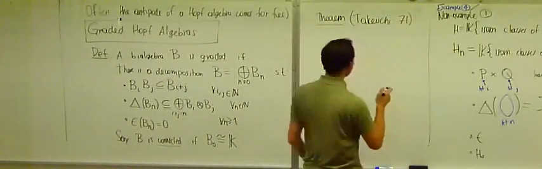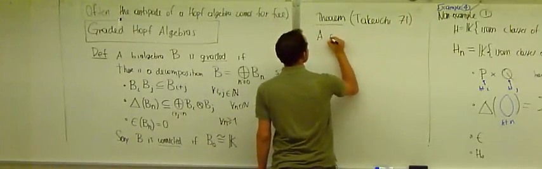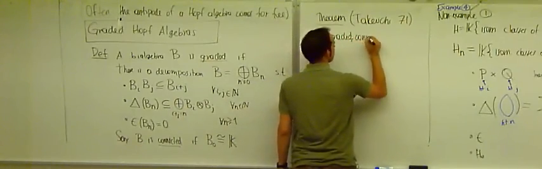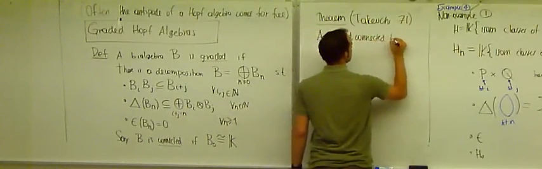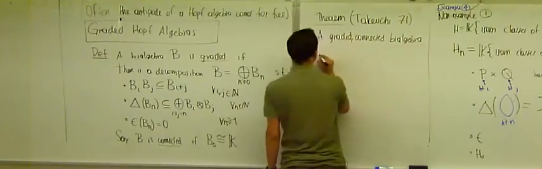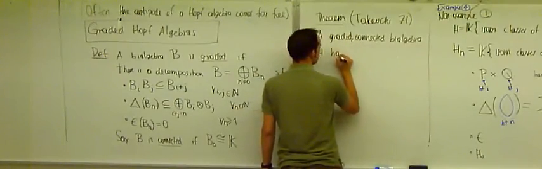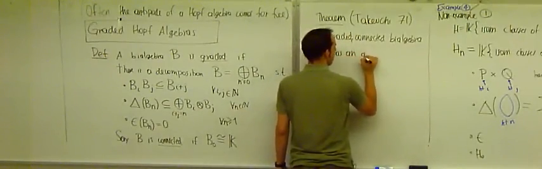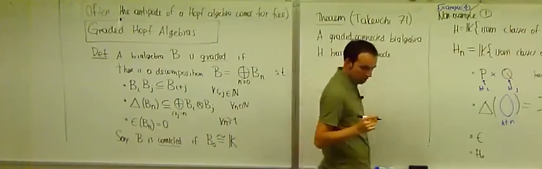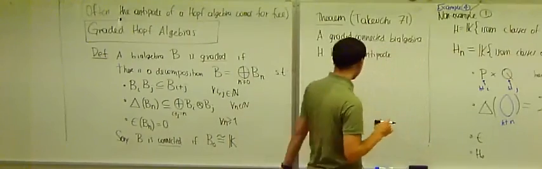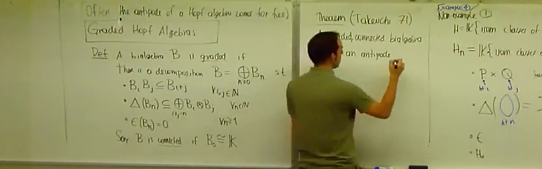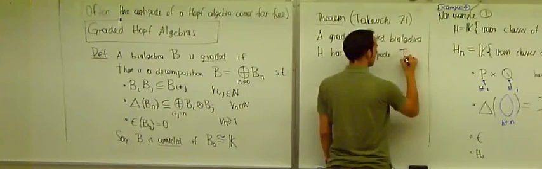It says that any graded connected bialgebra has an antipode. Okay? But it's not just an existential theorem, but it actually constructs it. So let me tell you what it is.